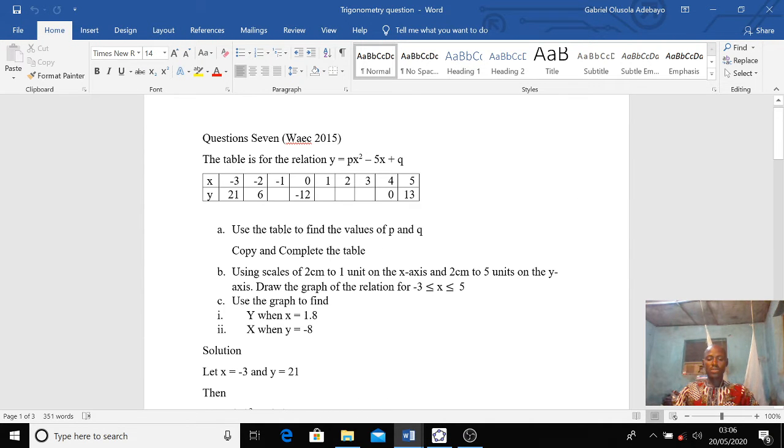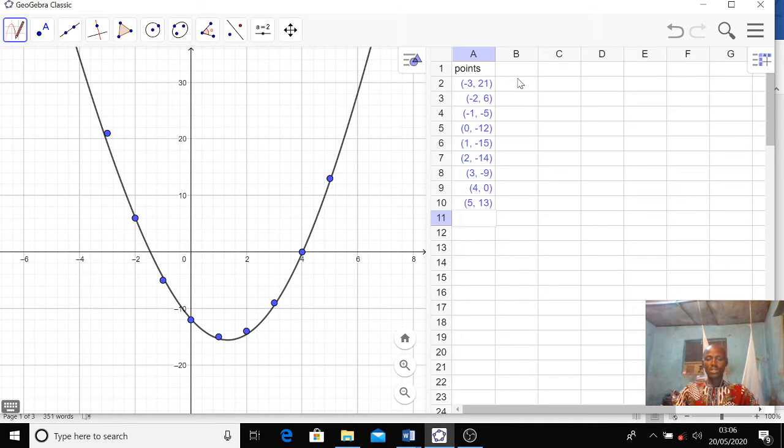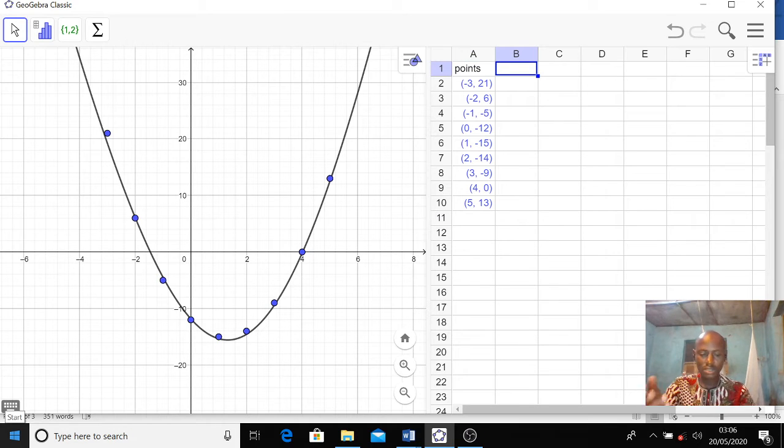So we are asked to use the graph to find y when x equals 1.8. X equals 1.8. Okay, so you just write points here also, and x is 1.8. So let's assume our y is 0 and x is 1.8.